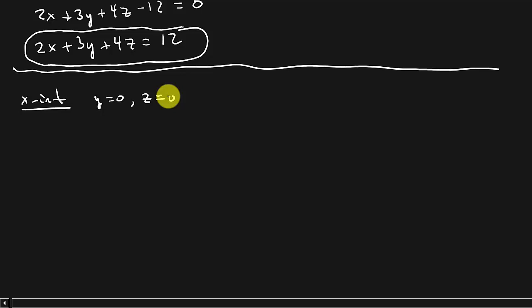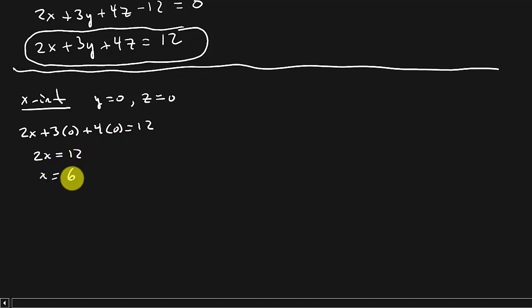Well, look at this. This isn't rocket science, is it? Plug 0 in for y and z and solve for x. Okay? So we've got 2x plus 3 times 0 plus 4 times 0 equals 12. So 2x equals 12, x equals 6.